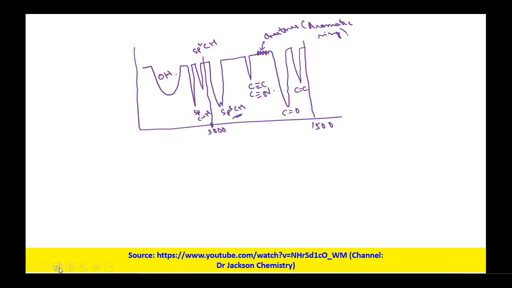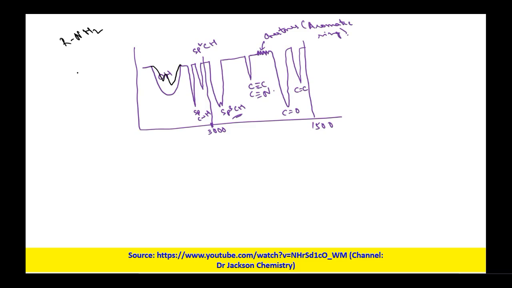However, if there is a primary amino group, RNH2, there will be two NH transitions, something like this you will be getting.